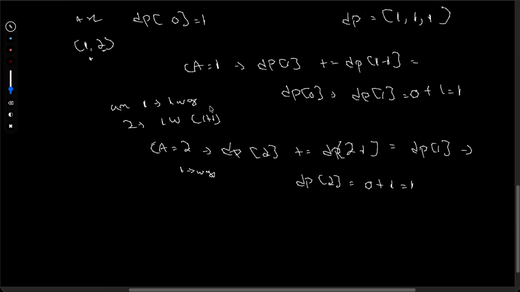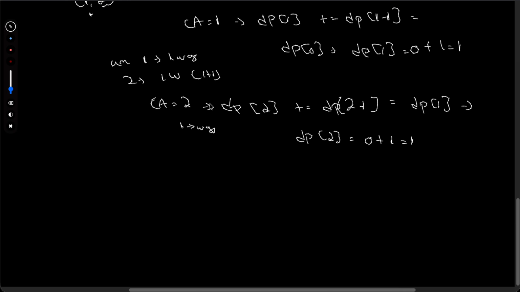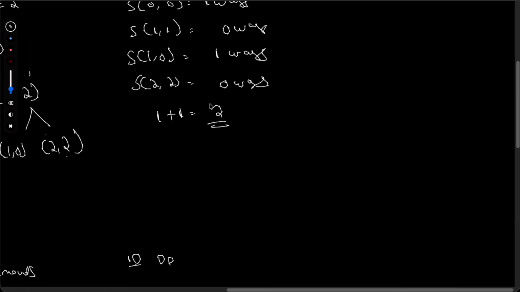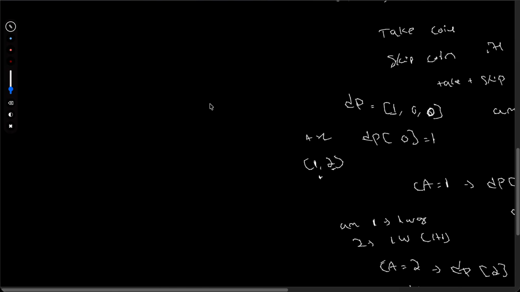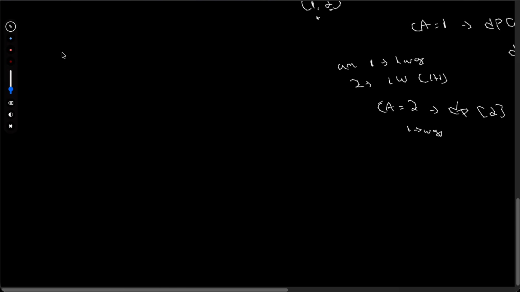Okay, the second coin is 2. So the current amount is 2. So dp of 2 plus equal to dp of 2 minus 2, equal to dp of 0.